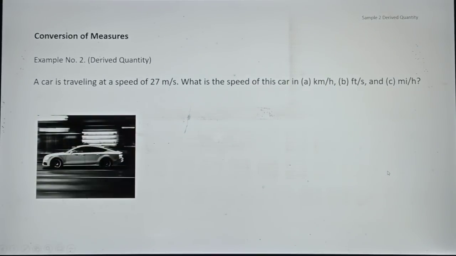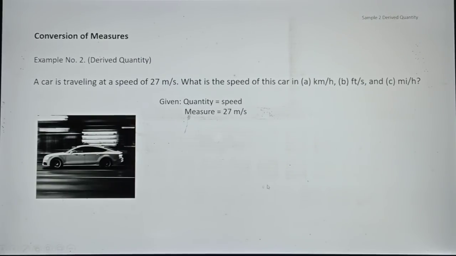The next example is involving a derived quantity. The problem is, a car is traveling at a speed of 27 meters per second. What is the speed of the car in A. Kilometers per hour, B. Feet per second, and C. Miles per hour?